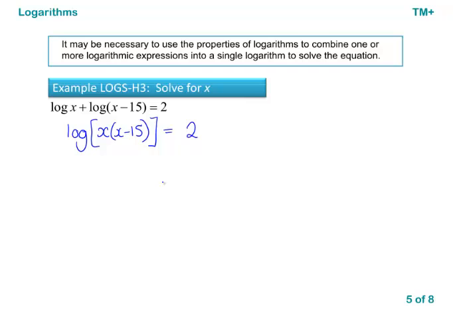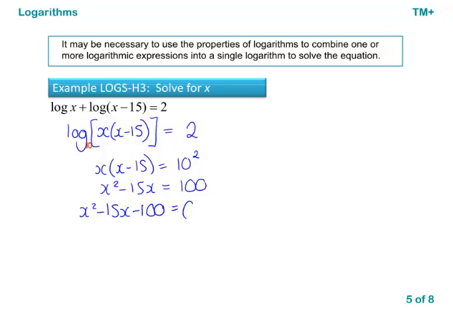From there, I rearrange, remembering that this is a base 10 here. Okay, so what I have now is that x bracket x take 15 equals 10 to the power of 2. Expand here, x squared minus 15x equals 100. Get the 100 over to the other side by minusing from both sides. x squared minus 15x minus 100 equals 0.